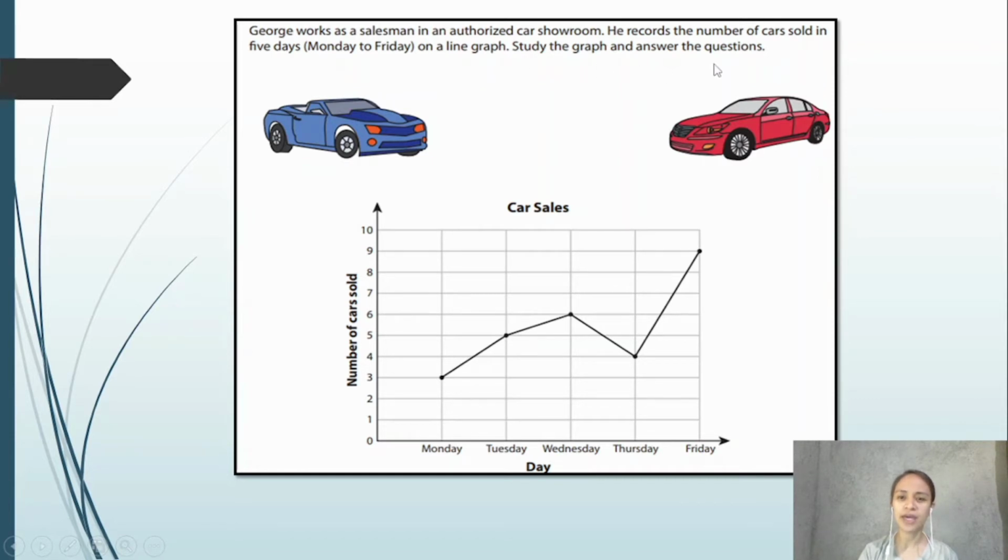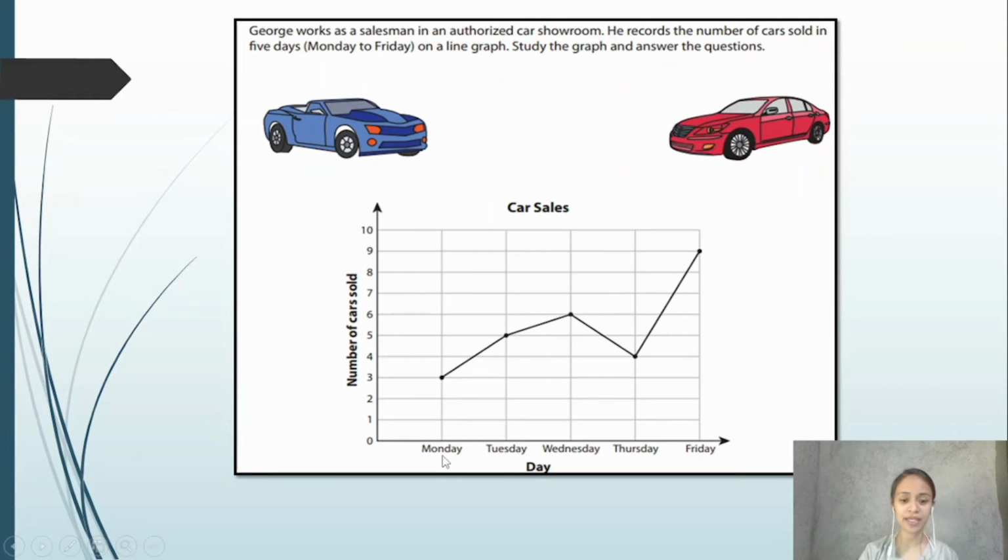Study the graph and answer the questions. Here you will notice these are our days, Monday, Tuesday, Wednesday, Thursday, and Friday. And here is the number of cars sold, how many were sold on that day. The title of the line graph is Car Sales.